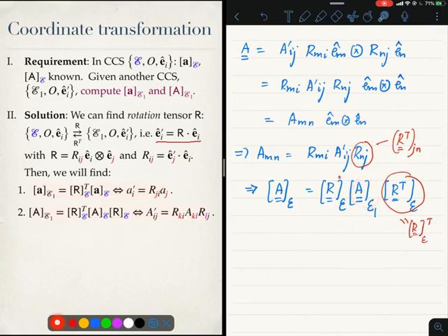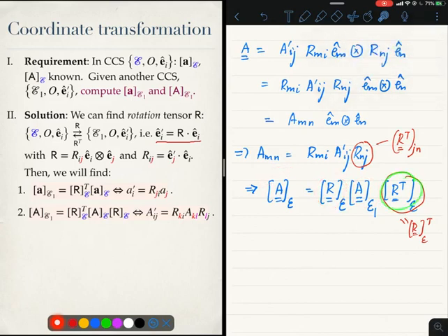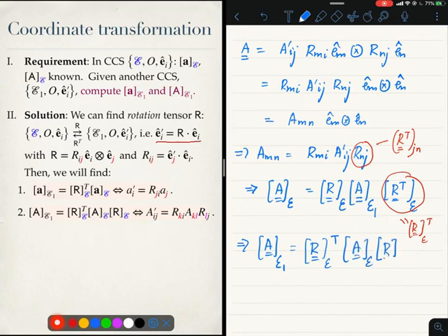So really I want this. How do I get this? I can take this and put it over here, and that's when I need green, and I can take this and put it over here. So I can pre and post multiply by the matrices to get that A in E1 must be R in E transpose, A in E, and R. Okay, all right.